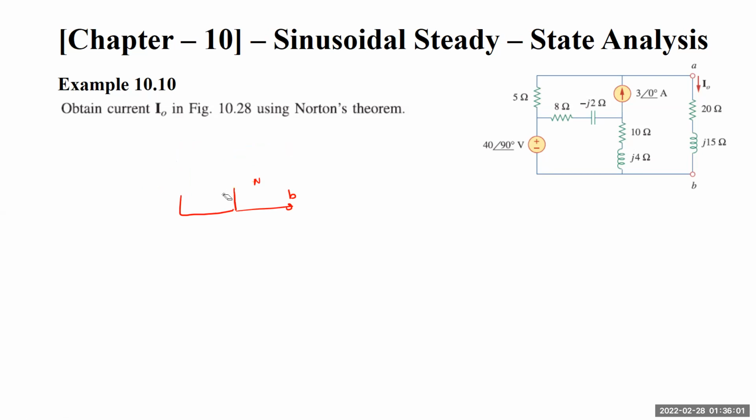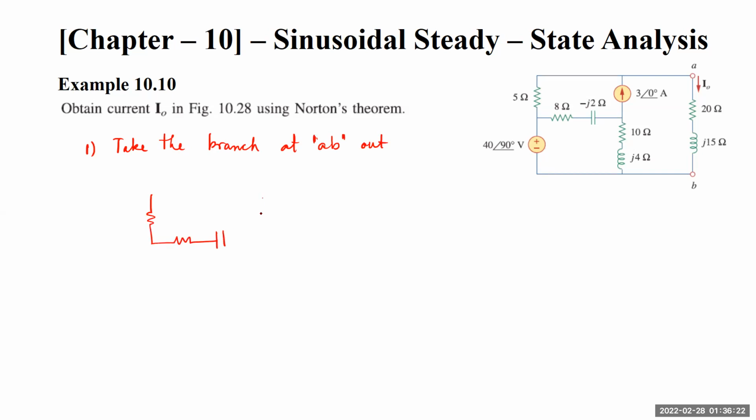So for this circuit, to solve, first of all, we take the branch AB out. So my circuit will look something like this.